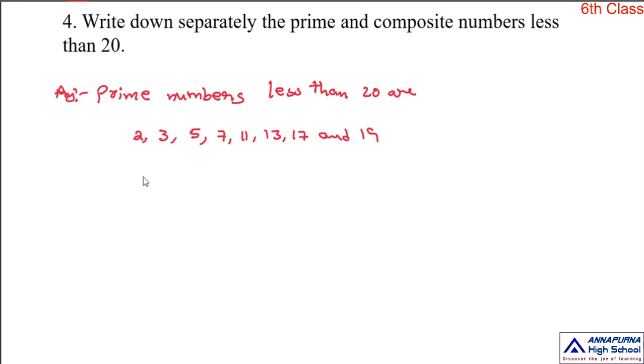These are the prime numbers which are less than 20.